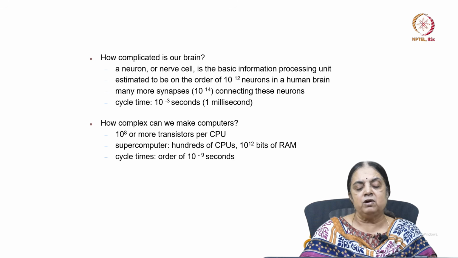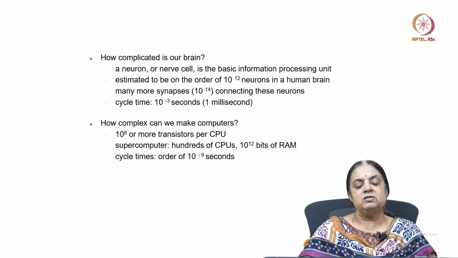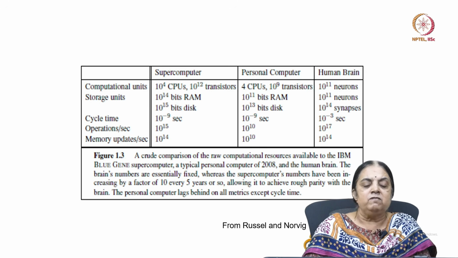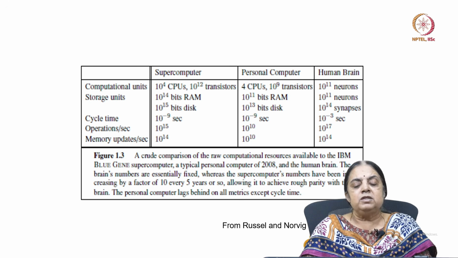Supercomputers can have hundreds of CPUs, 10 to the power of 12 bits of RAM. And cycle time is of the order of 10 to the power of minus 9, which shows that the computer is much faster if you look at the cycle time, right? But the brain is actually a massively parallel system. So here, taken from Russell and Norvig, you see that if you look at the personal computer and the human brain, the personal computer doesn't do well when compared to the human brain, right?